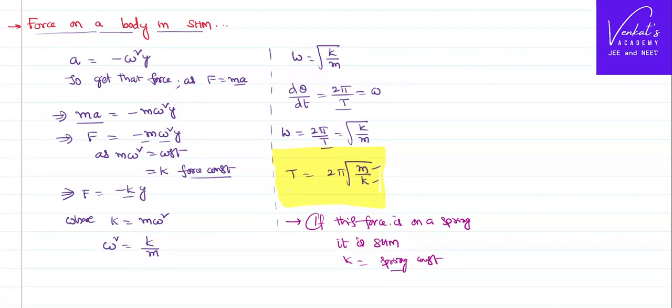So spring constant is a specific case of a force constant. We can use any of these equations. In that case, that T will become the time period of that spring in the oscillatory motion. So any of these equations are quite possible to write, right?